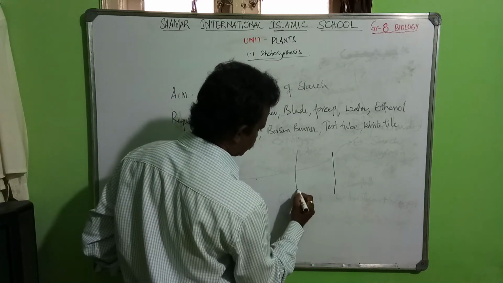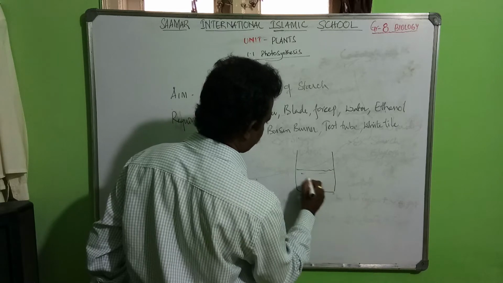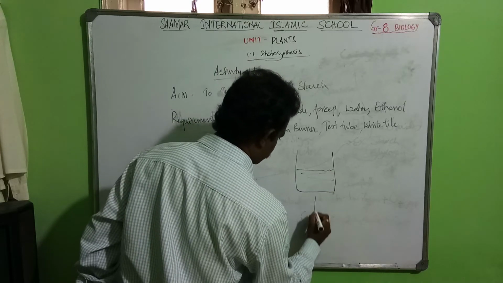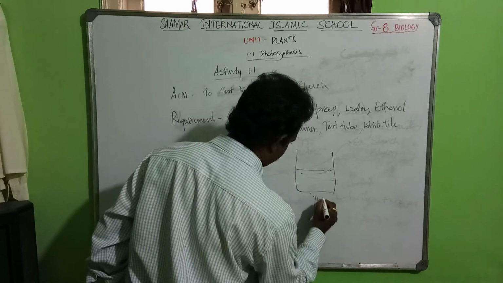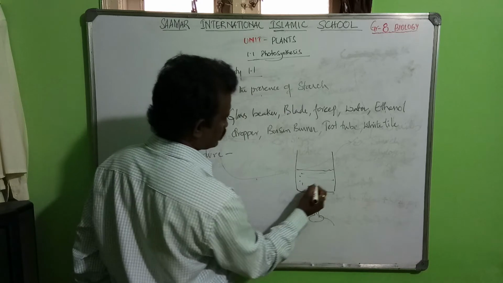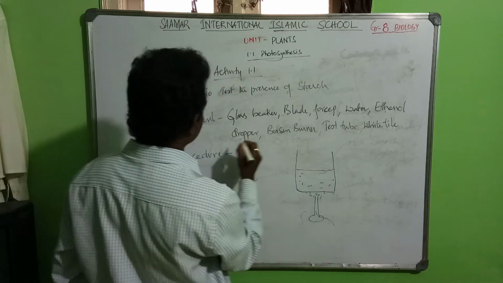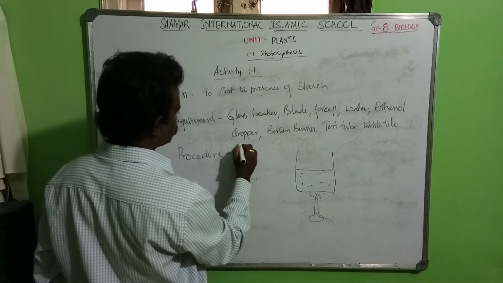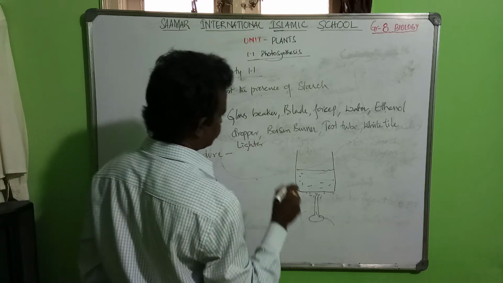I will take the beaker. Take water in this beaker. Set up the Bunsen burner and light it with a gas lighter. You can write matchbox or gas lighter in the requirements.